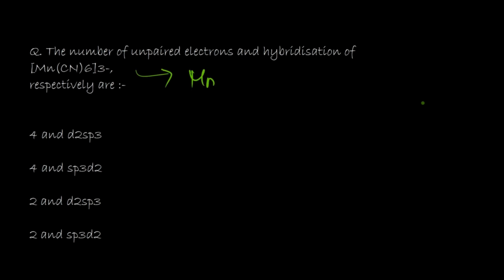The next question: the number of unpaired electrons and hybridization of Mn(CN)6 3 minus. Let's find out the oxidation state, that is 3 plus, which means 3d4, 4s 0. 3d5, 4s2 is its ground state, and with the oxidation state it is 3d4, 4s 0. So how many unpaired electrons are there?